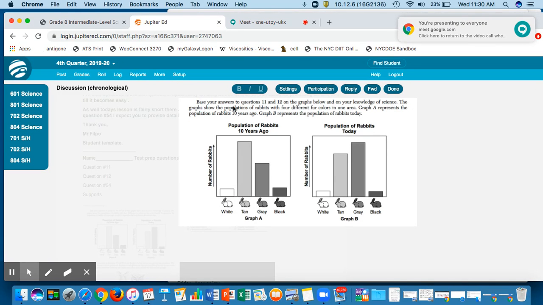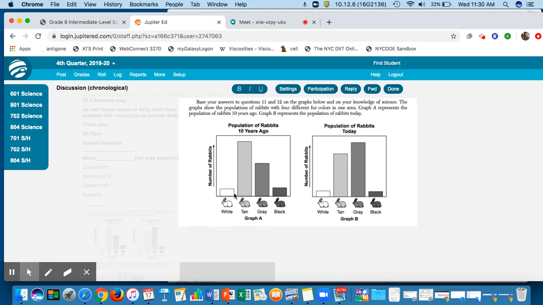So we're going to base questions 11 and 12 on the graphs below and on your knowledge of science. The graph shows the population of rabbits with 4 different fur colors in one area. Graph A represents the population of rabbits 10 years ago. So this is 10 years before, and this graph represents the population of rabbits today.